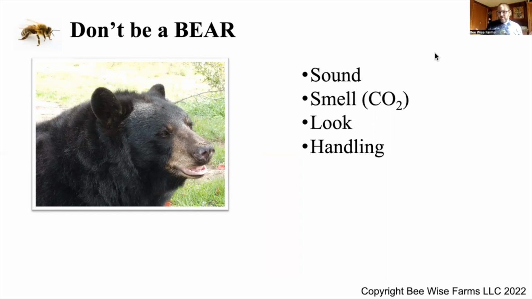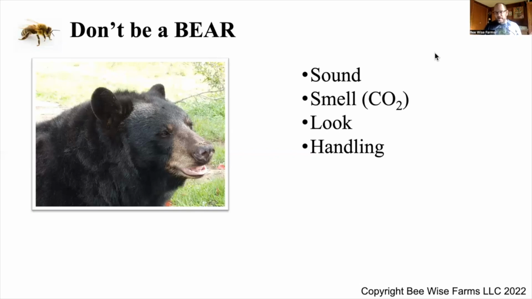Bears are not very quiet individuals when they come into a bee yard. They're smashing boxes, they're tearing things apart. Don't be loud and create a lot of disturbance when you walk into a bee yard. In particular, some people like to use pavers or big rocks on top of their outer covers so that they don't come off with wind.